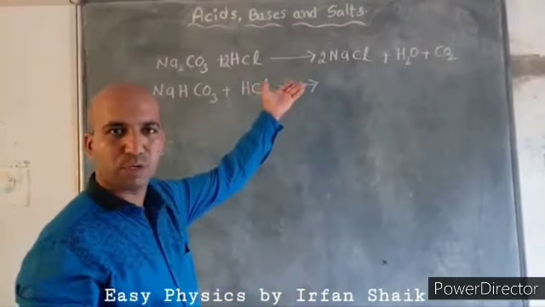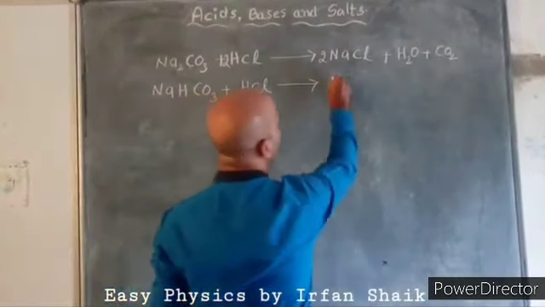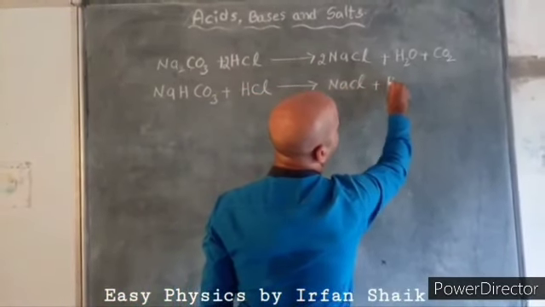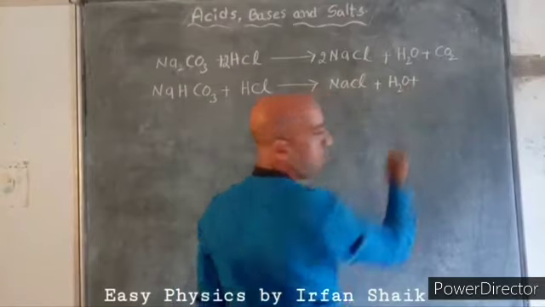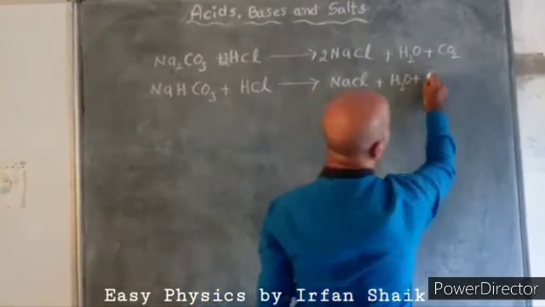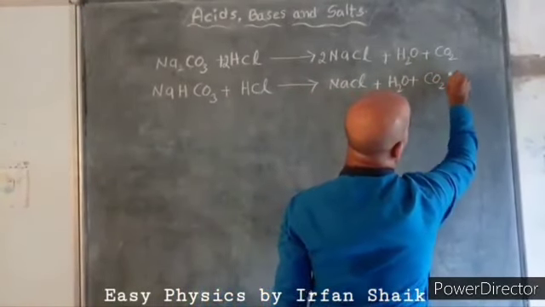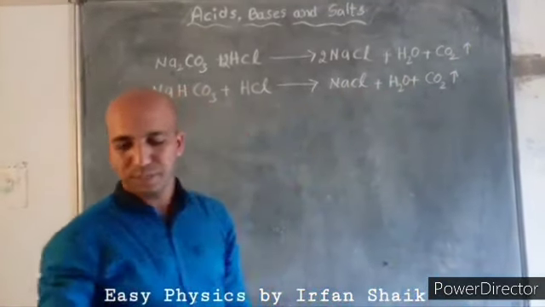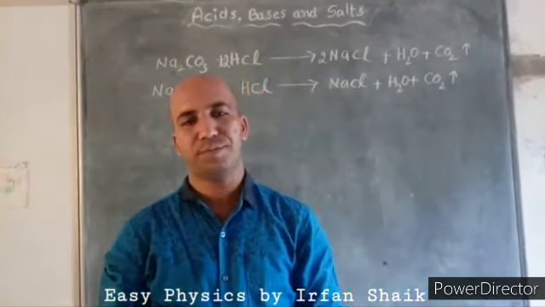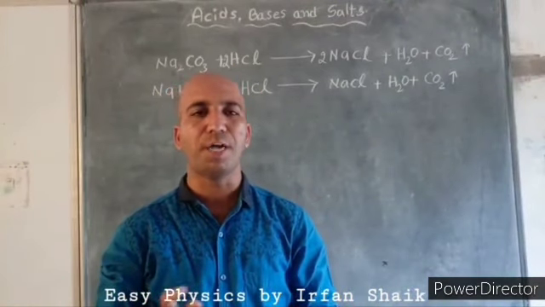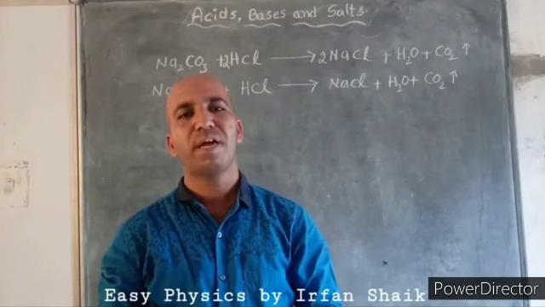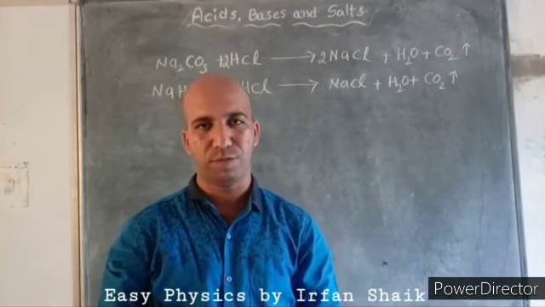Same as before. Here also sodium chloride will form, and also water, and also carbon dioxide gas. So like this, when we react a carbonate or hydrogen carbonate with an acid, carbon dioxide gas will be evolved.